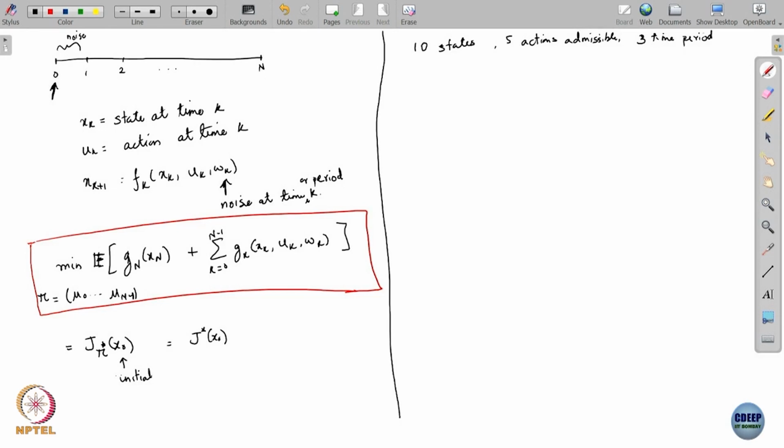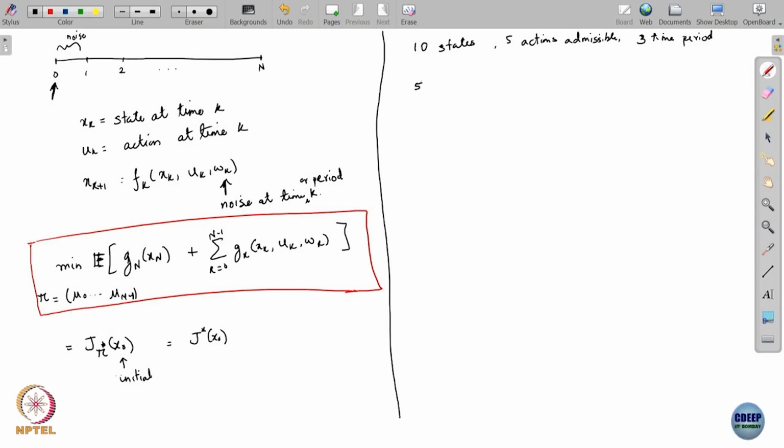So, how many possible functions are we looking at? How many choices are there for functions at the first time period? A function at the first time period would map the set of states to the set of actions, right. And so, for every state you can take 5 possible actions.